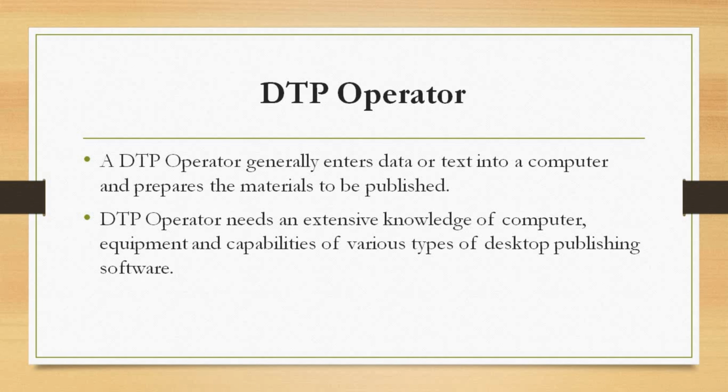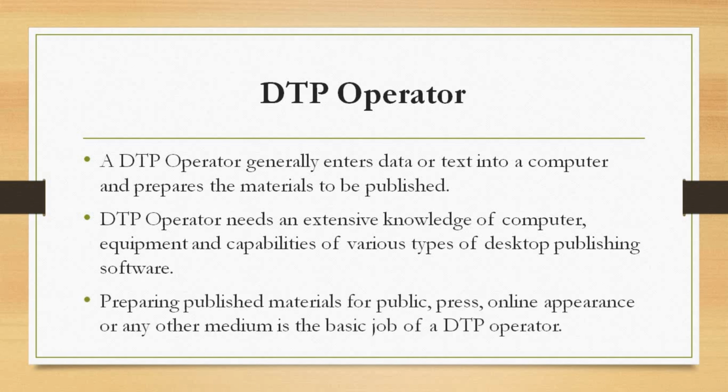He needs an extensive knowledge about computers, not only about computers, but the equipment and the capabilities of various types of desktop publishing software. Preparing published material for the public, for press, or online appearance or any other medium is the basic job of a DTP operator.